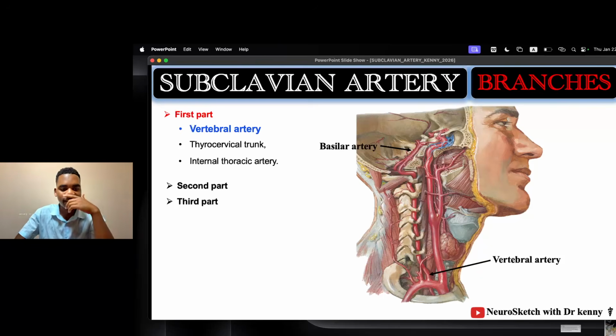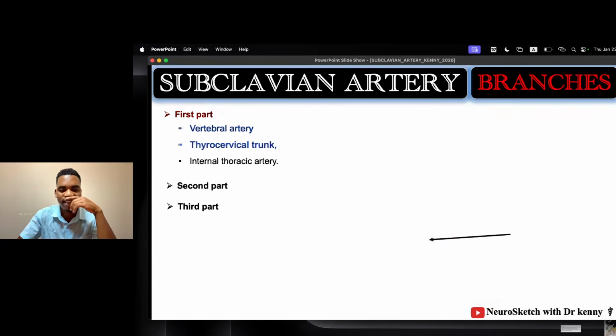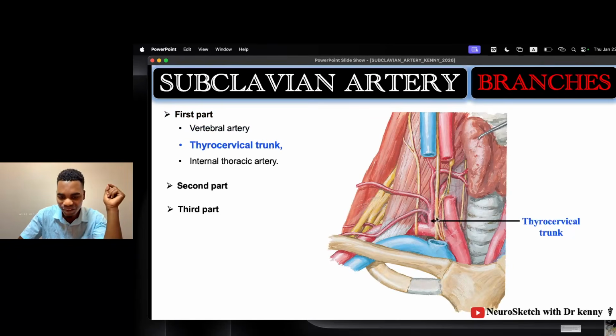And then we haven't discussed the thyrocervical trunk yet. The thyrocervical trunk, this branch, is also a branch from the first part of the subclavian artery. We've already seen the vertebral artery as it goes, but pay much attention to the word thyrocervical.